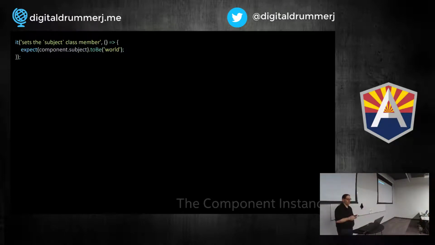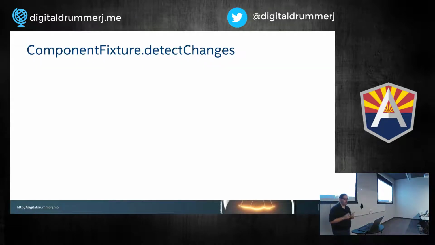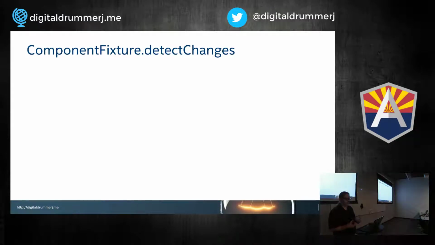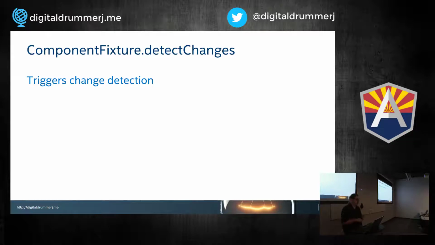So in our it, we can say expect component.subject to be world. The one thing it doesn't do here is change detection. So far, we only tested the TypeScript file, so we didn't need to worry about change detection in the UI. But fixture.detectChanges is what will trigger our change detection for us.